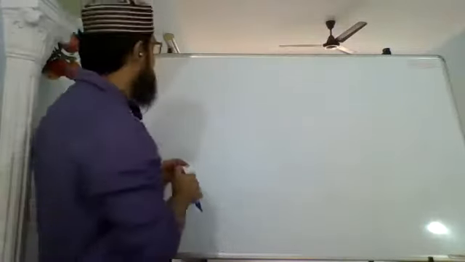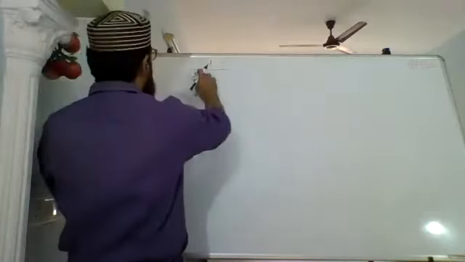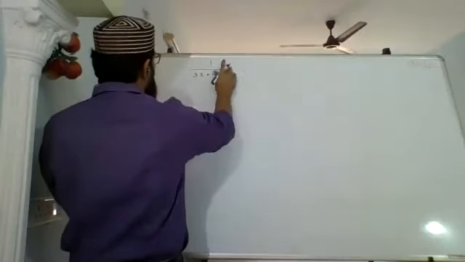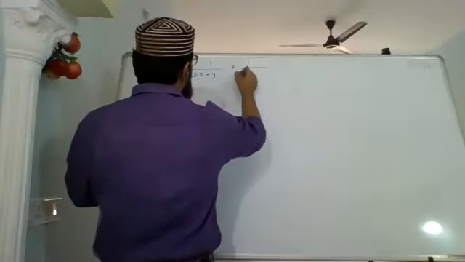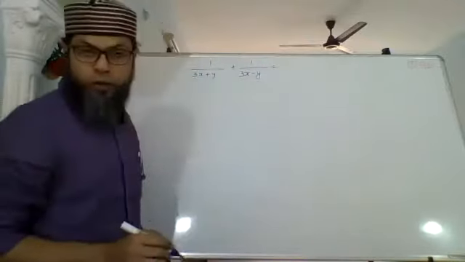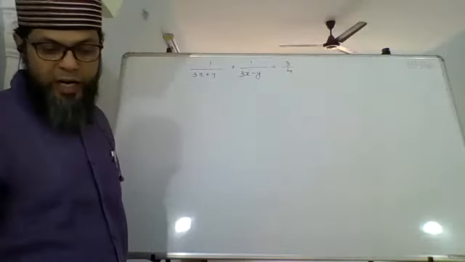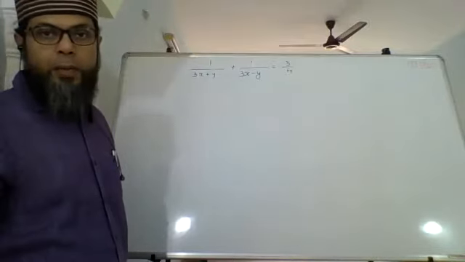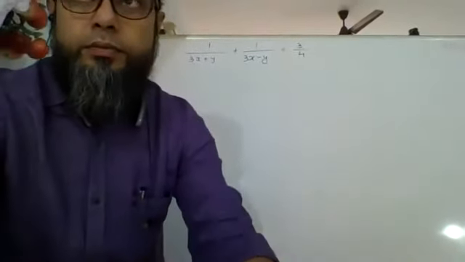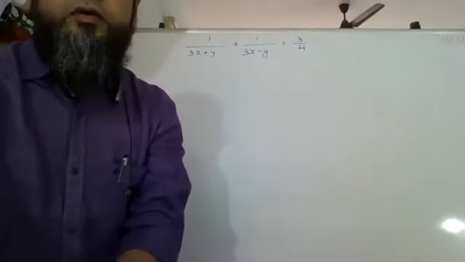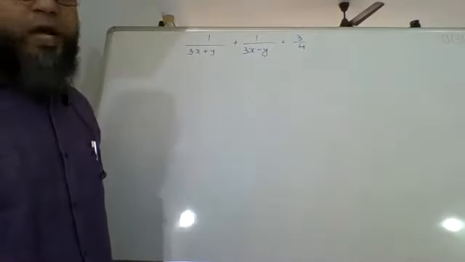The simplest thing, see, it says 1 upon 3x plus y. 1 upon 3x plus y plus 1 upon 3x minus y equals to 3 upon 4.